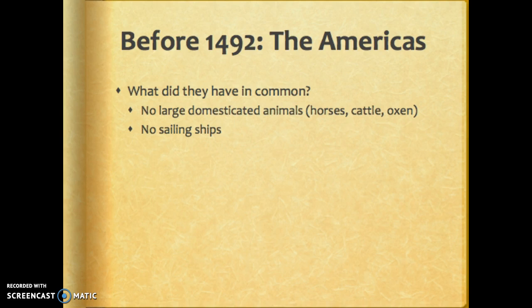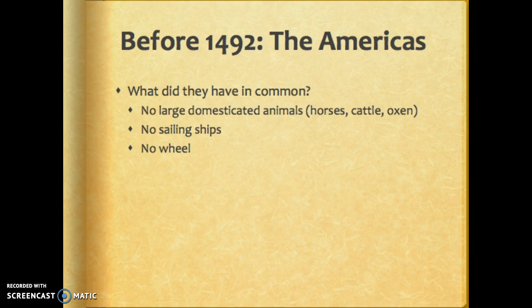Nor did they develop large sailing ships. Most native peoples either traveled on foot, or if they had to travel across the water, they often did so in small canoes, or dugouts. So again, they didn't have the large sailing ships that Europeans had.